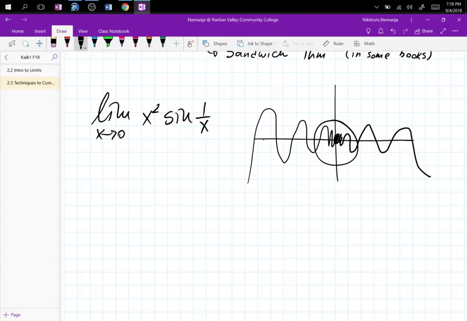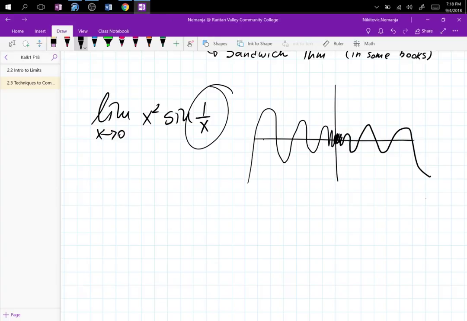Is it 1? What's going on? The oscillations for the sine function are so fast that we cannot measure. The oscillations are going to infinity. The speed of the wave at that point is infinite.